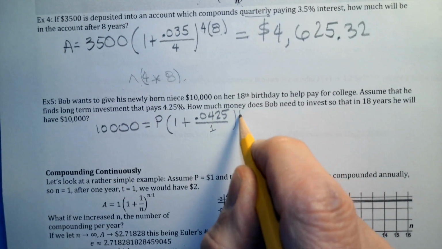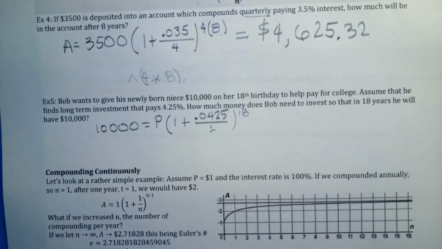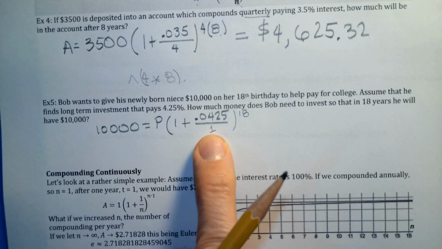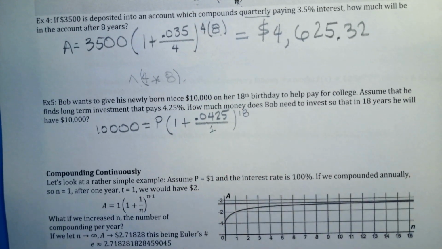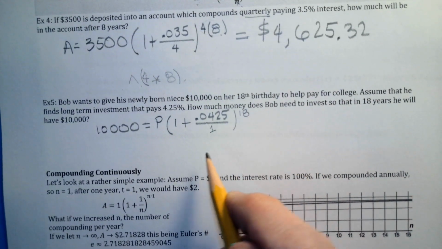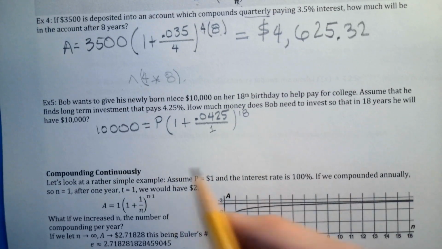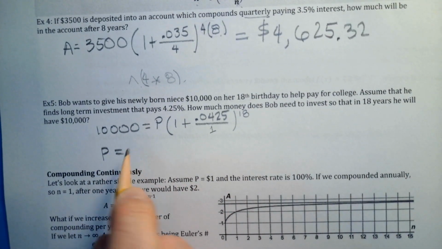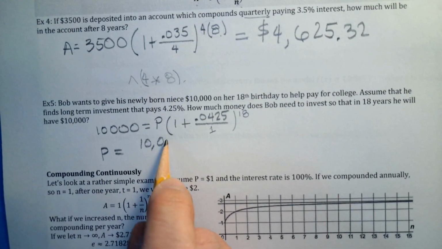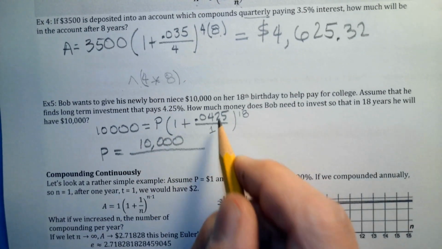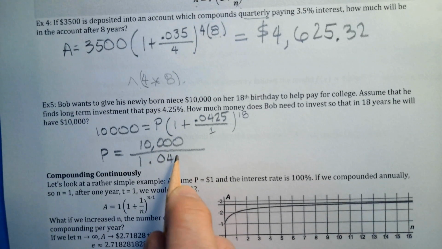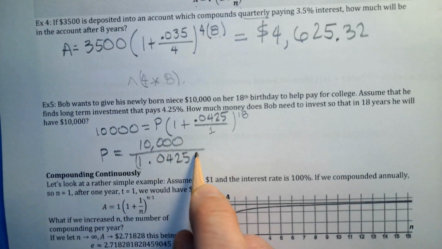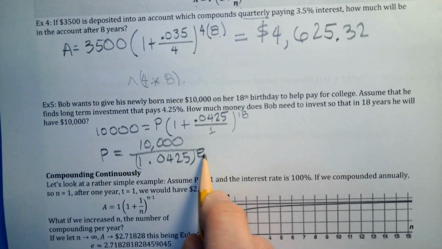All right. So I didn't really need to put the 1 underneath, but I already had my fraction bar there, so I just put 1. So you don't really need that. All right, and then, so really, we want P is equal to 10,000, and then divide it by this stuff, 1.0425, because we could add those up, raised to the 18th power.